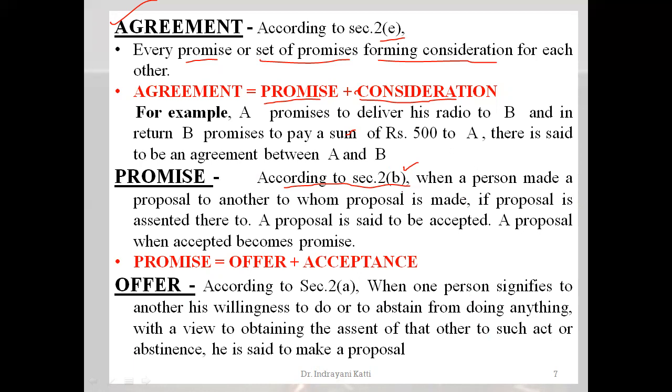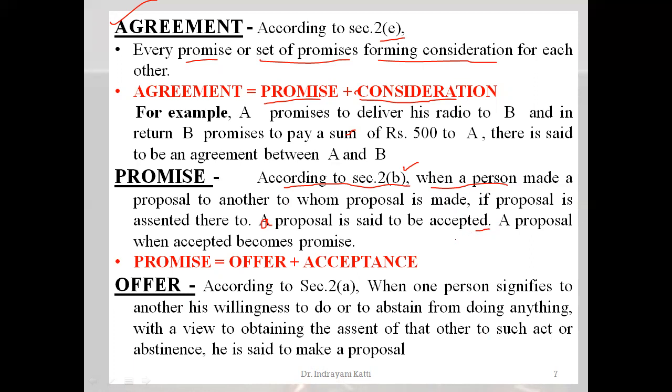According to section 2, clause B, when a person makes a proposal to another, and the person to whom the proposal is made assents thereto, the proposal is said to be accepted. A proposal, when accepted, becomes a promise.